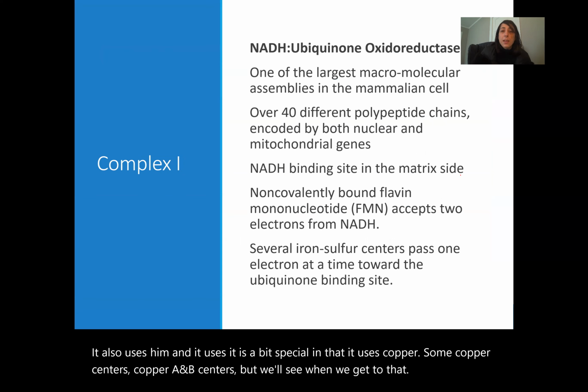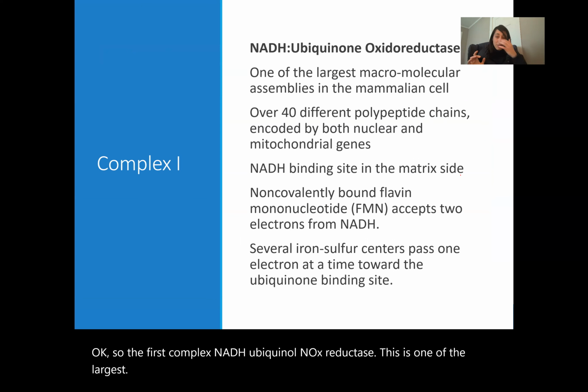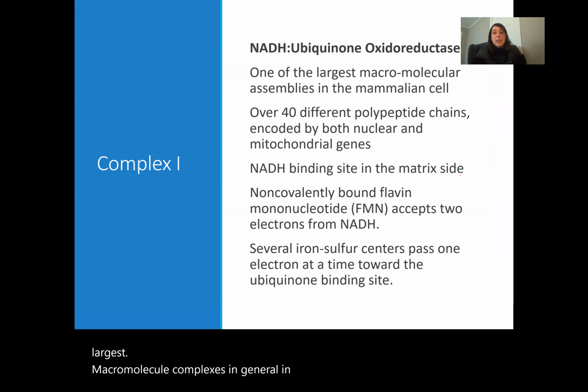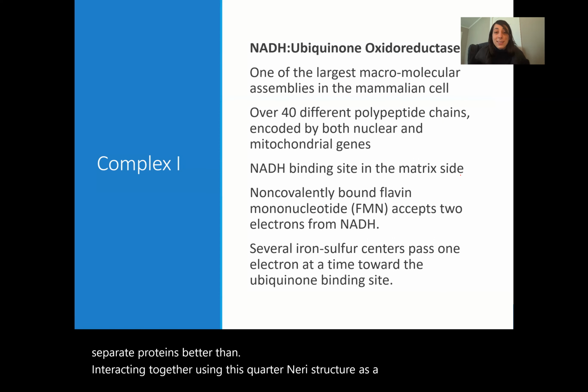Okay, so the first complex, NADH ubiquinone oxidoreductase, is one of the largest macromolecule complexes in general in mammalian cells. It has about 40 polypeptide chains. So remember, it's actually made up of separate proteins that are then interacting together using this quaternary structure as a whole complex.